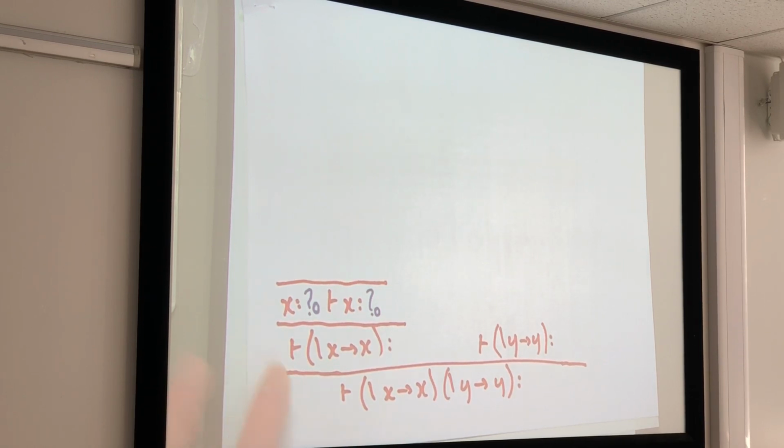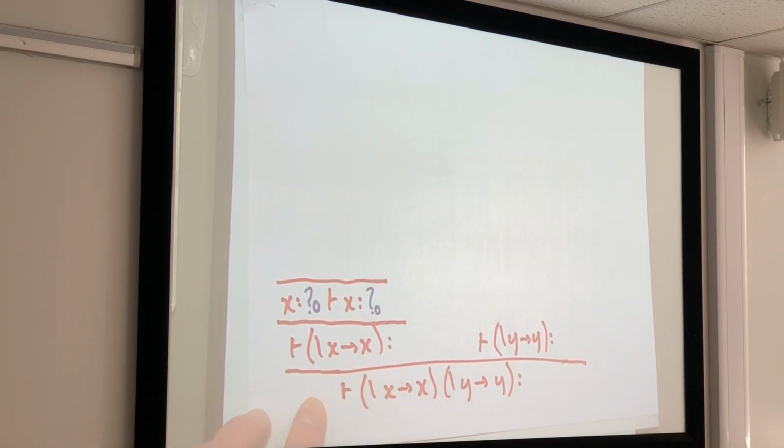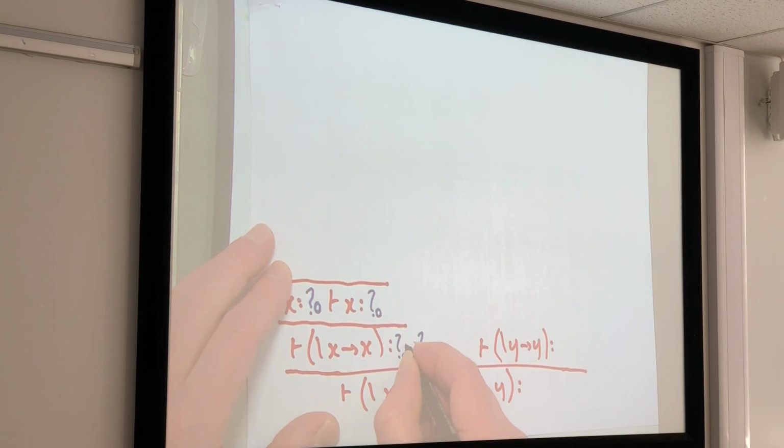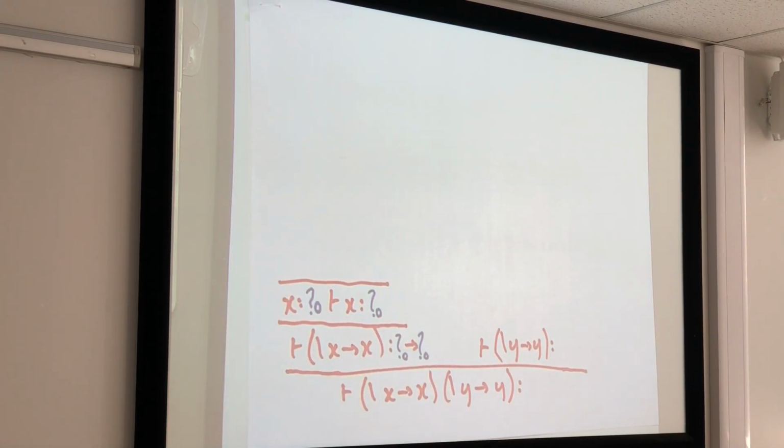We can give the type of this lambda term, lambda x arrow x. Well, according to the lambda rule, that type should be question mark 0 arrow question mark 0. That's to say, we have figured out that the identity function takes some sort of thing and gives back that sort of thing, but we haven't figured out what sort of thing. Okay?